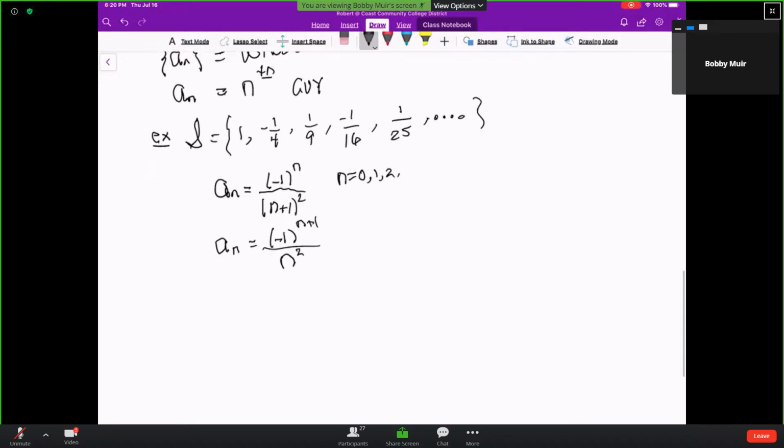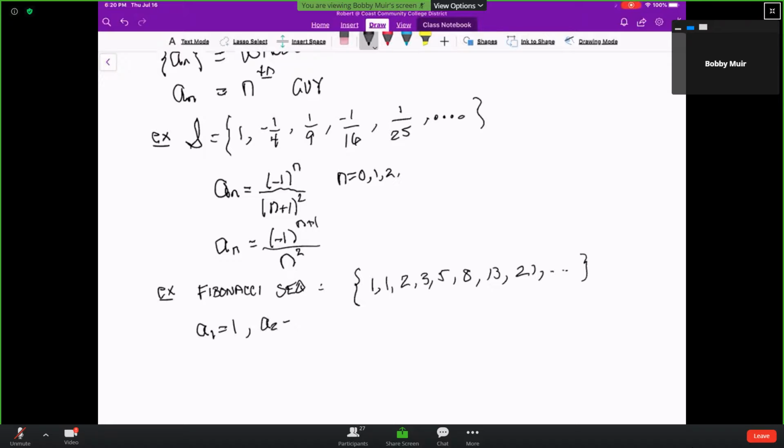Okay. For the Fibonacci sequence, where I had 1, 1, 2, 3, 5, 8, 13, 21, and so on and so forth, the way that these get defined is A1 equals 1, A2 equals 1, and I'll stick with starting at 1, because we're really not going to do much with Fibonacci.